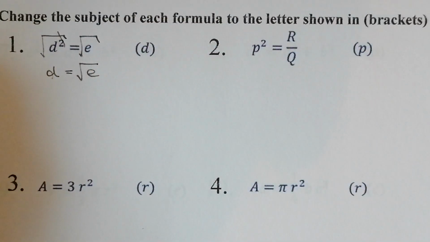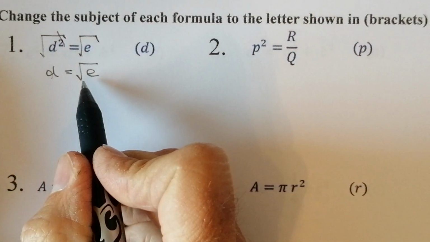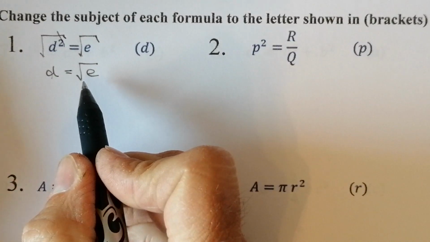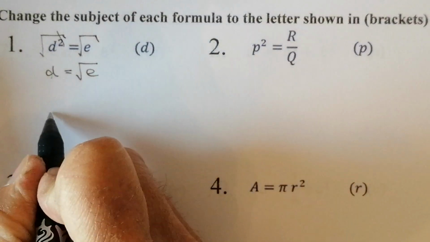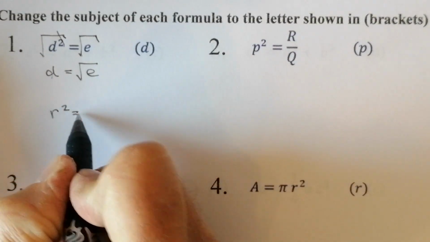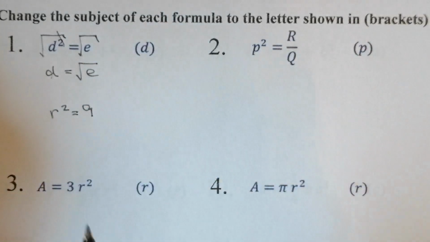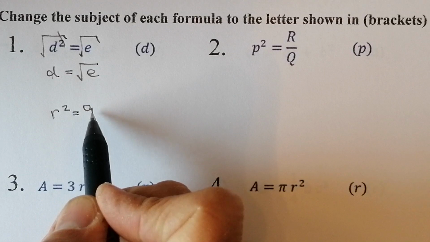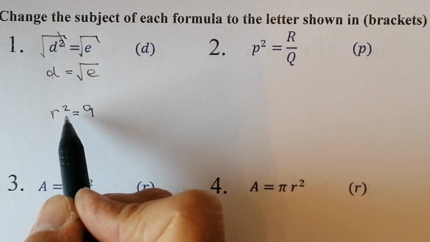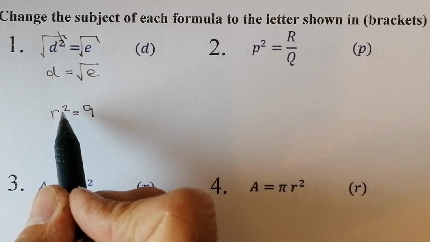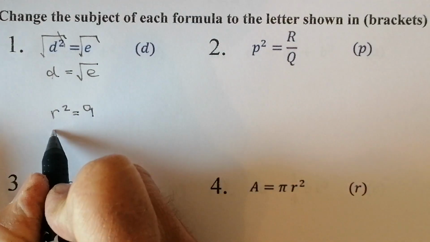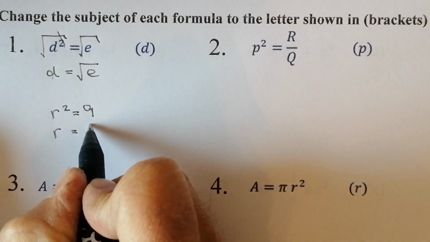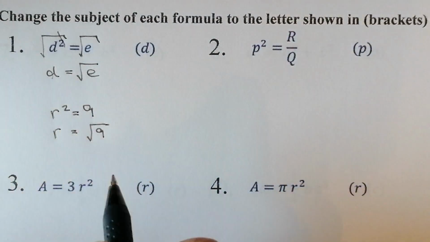Okay. Now, one of the strange things about the square root is that, say I had an example that r squared was equal to 9. Okay. So I've got a number in there that's squared and it equals 9. So 3 times 3 would work. Yep. So I would know that r would equal the square root of 9, which would give me 3.